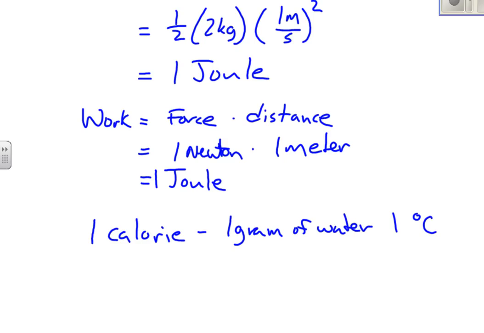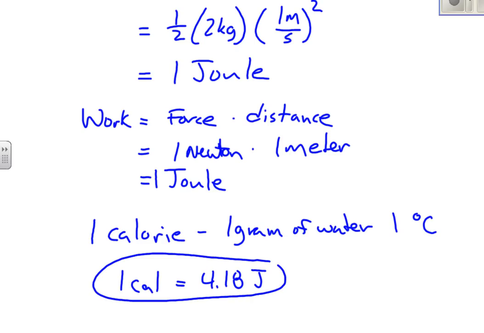To convert between the two, 1 calorie is equal to 4.18 joules. So this allows us to convert between our derived unit of joules and our practical unit of calories.